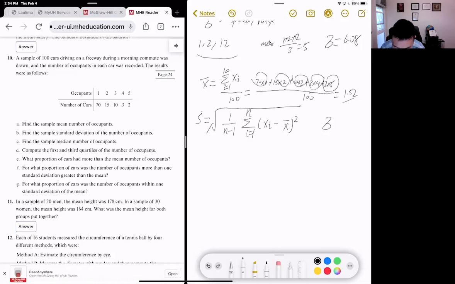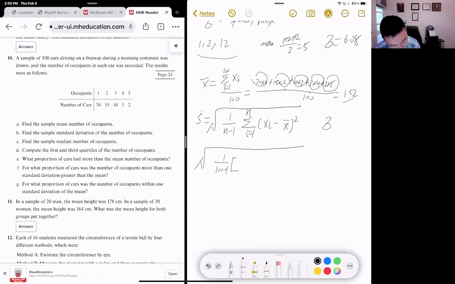The question is asking for the sample standard deviation, so that is the square root. n minus 1 is 100 minus 1. Still we do the sum.